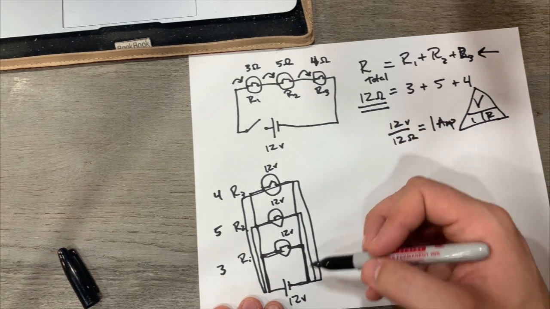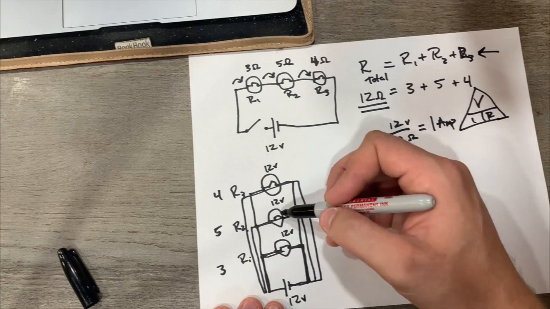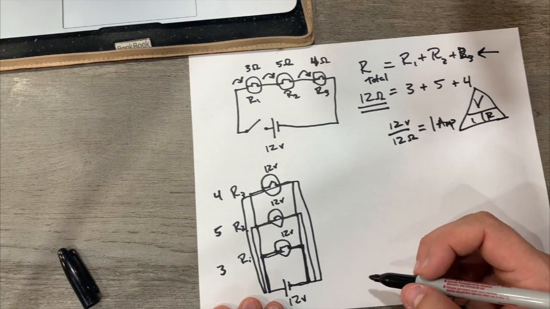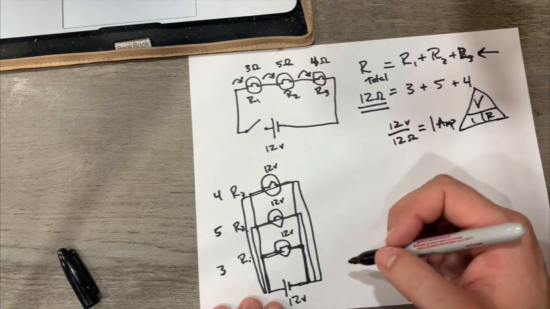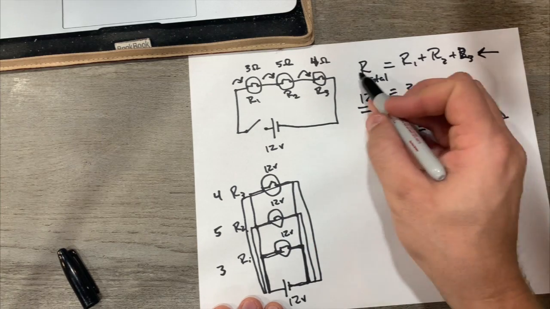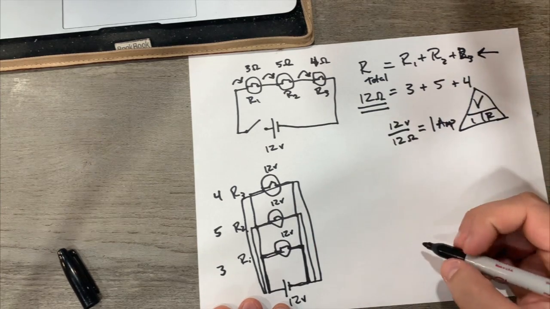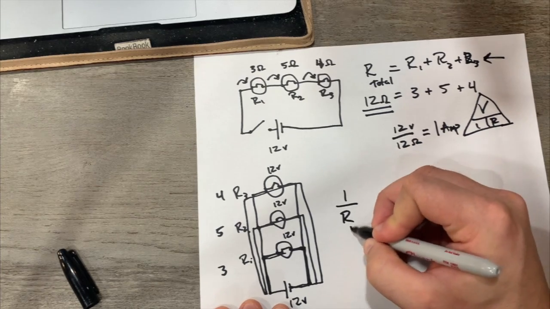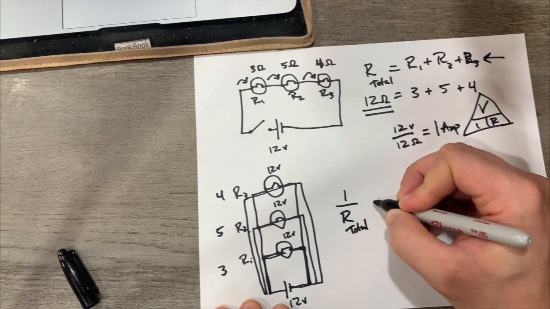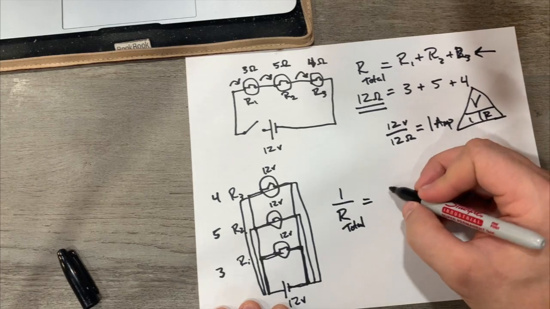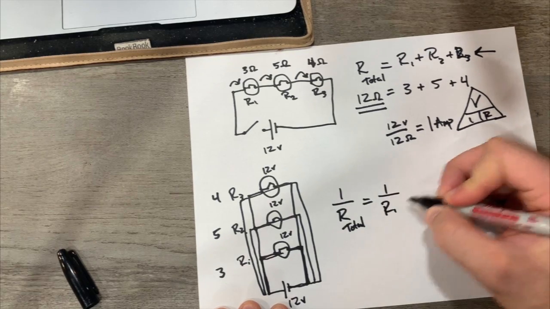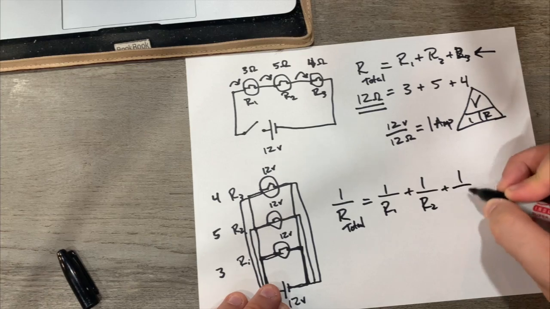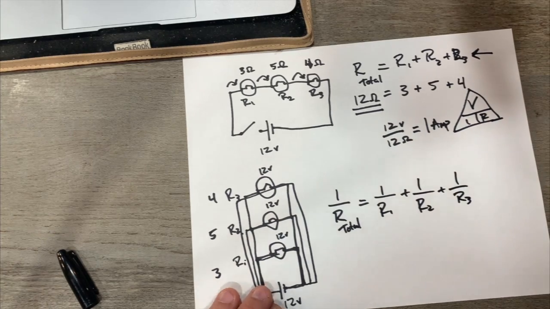It will actually go down as you add more resistors to the overall parallel circuit. And this is described with the equation looking at the reciprocal values of the ones we have up here. So 1 over the total resistance will be equal to 1 over R1 plus 1 over R2 plus 1 over R3.